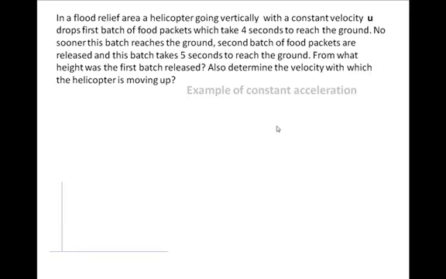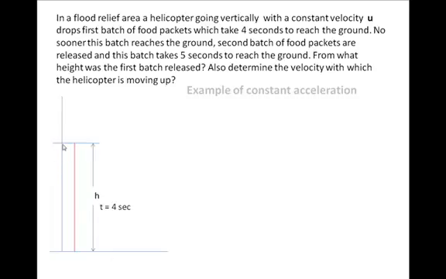So have a look. Let's say the helicopter is going up like this, and at height h, it drops the first batch of these food packets, and while this is dropping, the helicopter continues going up, and what we find is these packets reach the ground in 4 seconds.